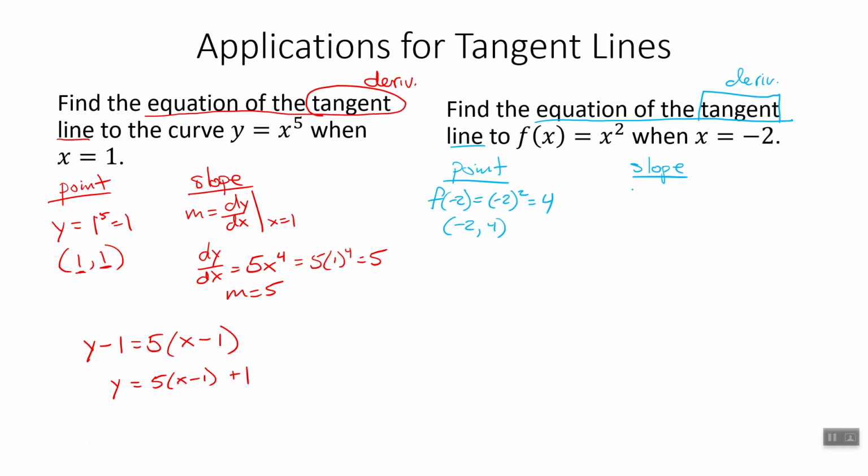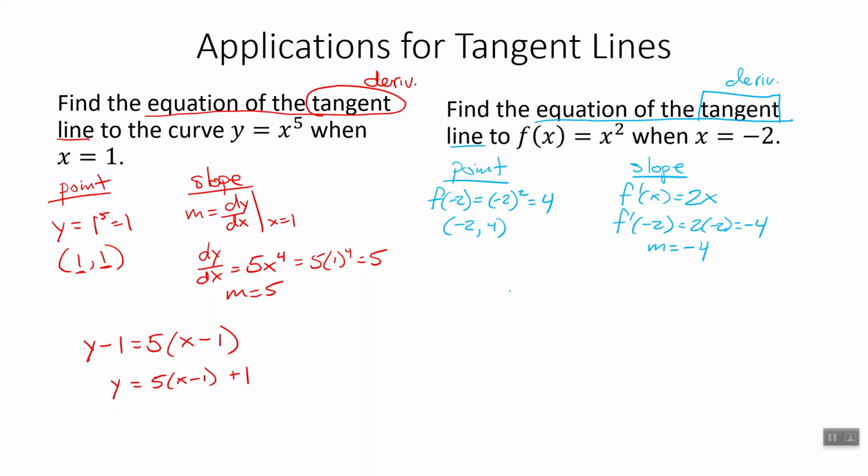To get our slope, we take the derivative. Derivative of x squared, we bring down the 2, 1 less power, 2 minus 1 is 1. So we get x to the first, or just x. And now we plug in the negative 2. F prime of negative 2 is 2 times negative 2, which is negative 4. So our slope is negative 4.